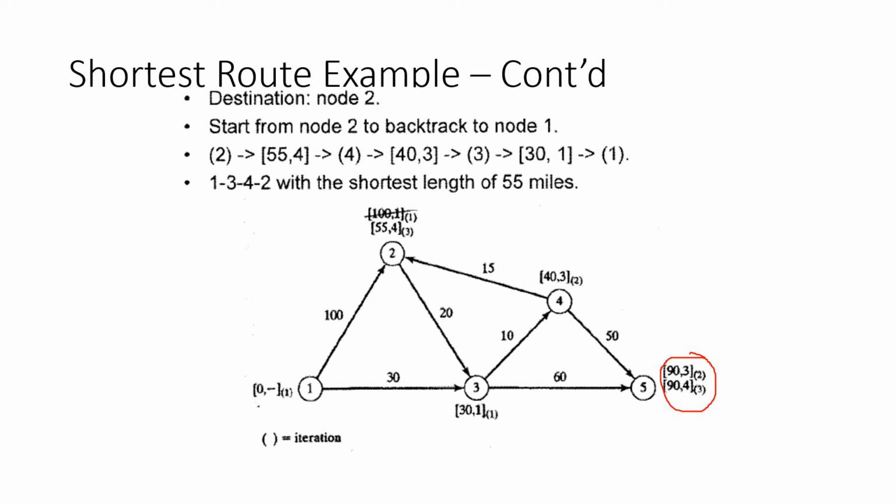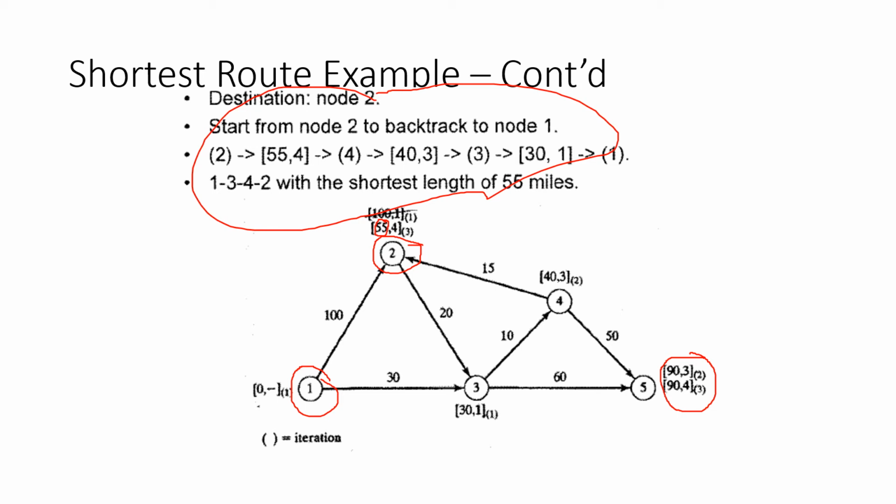So how do we read the answers? How do we read the result? If I'm traveling from node 1 to node 2, here's the write-up for the shortest route from node 1 to node 2, and I can read that the shortest route is 55. I read the number directly. Okay, 55.